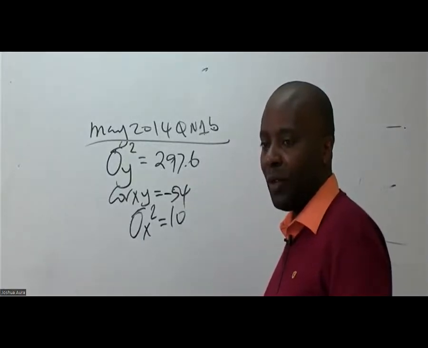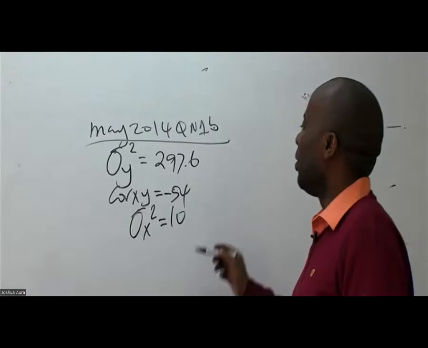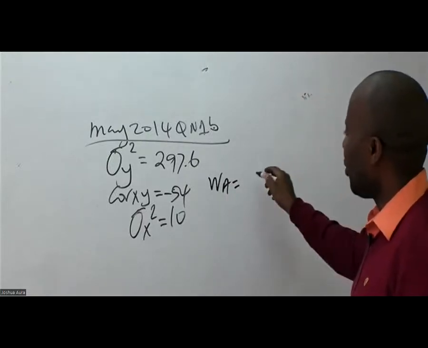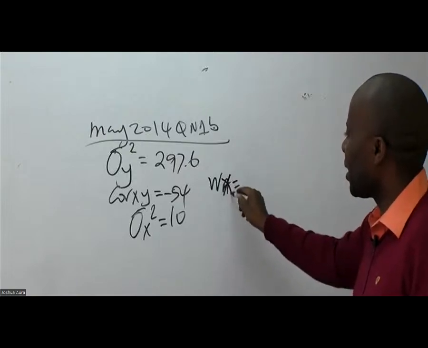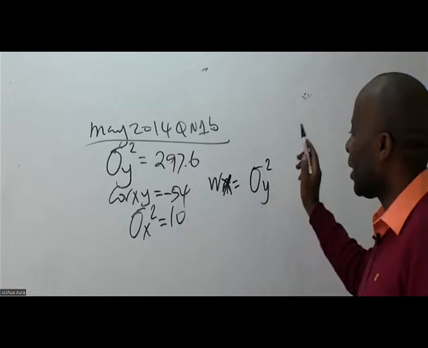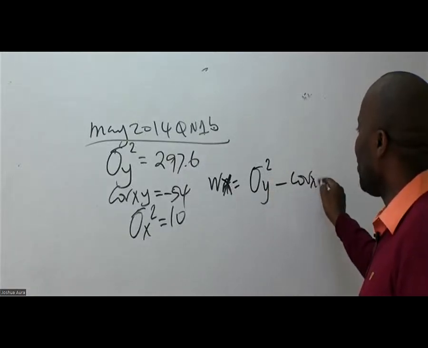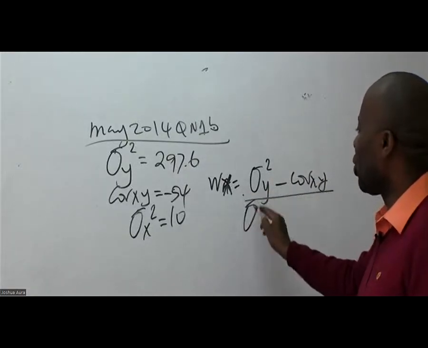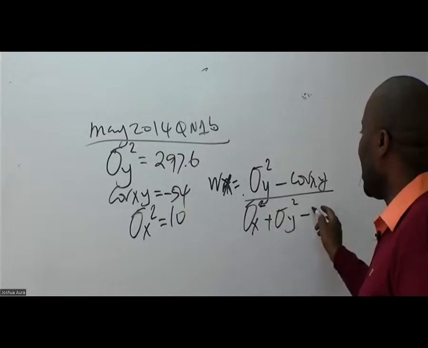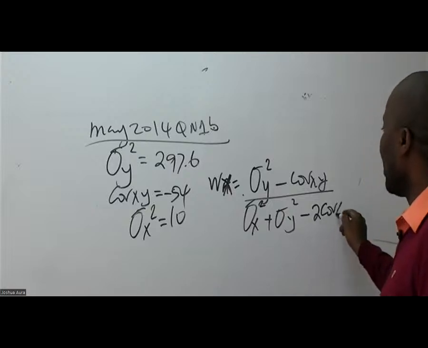Now, with that, I should be able to get the weight of X. I know the formula. It will be variance of Y, minus covariance between X and Y, all over the total variance, which is variance of X plus variance of Y minus twice covariance XY.